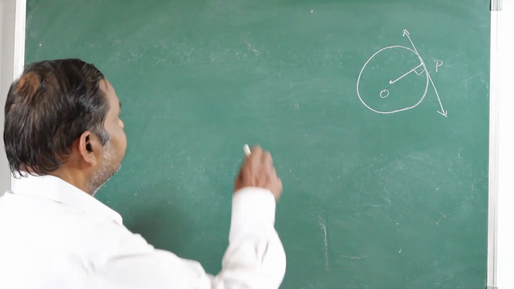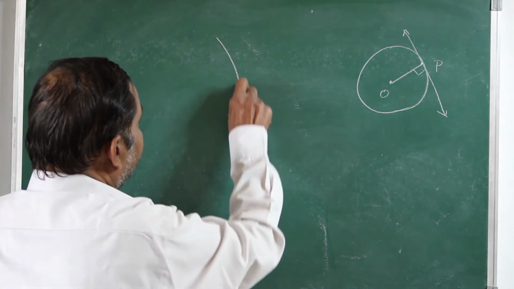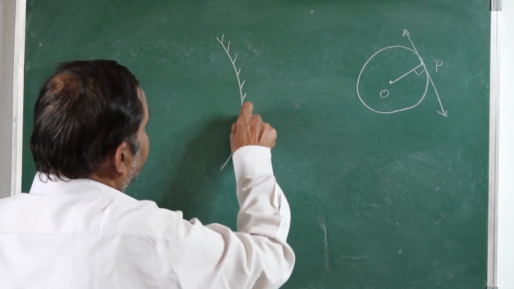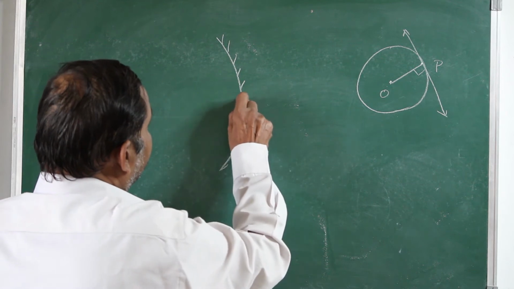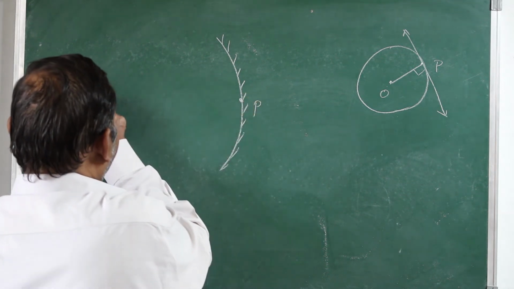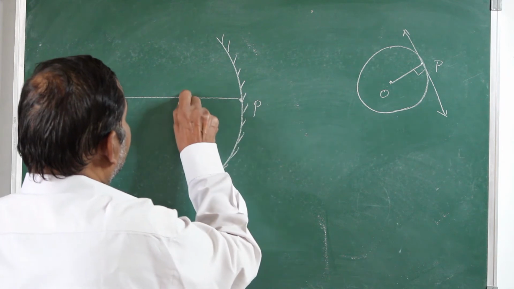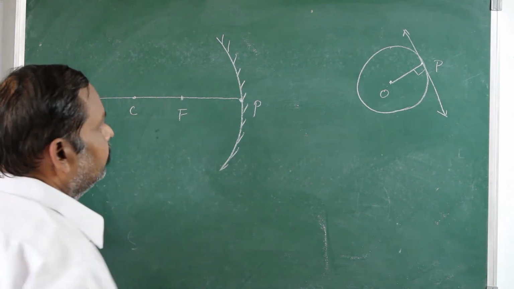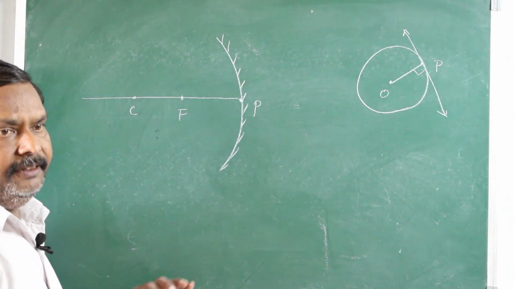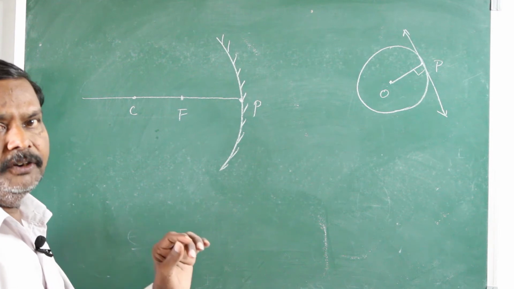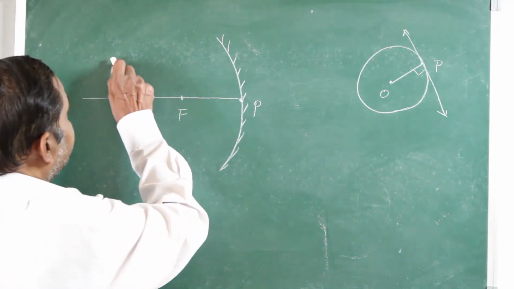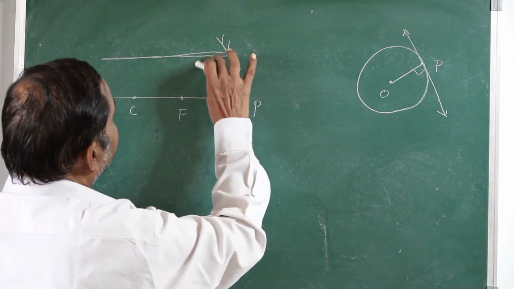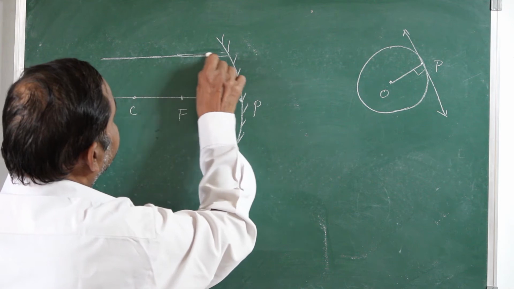The first in the list is, this is the concave mirror, focus and center of curvature. The first incident ray is passing parallel to the principal axis. So this is the incident ray, which is parallel to the principal axis.